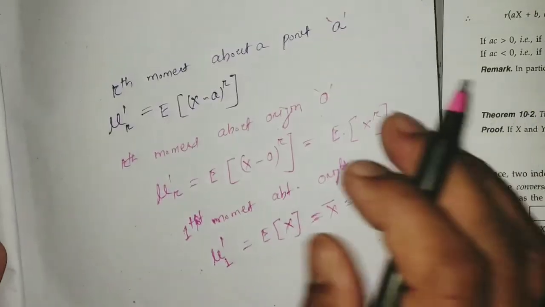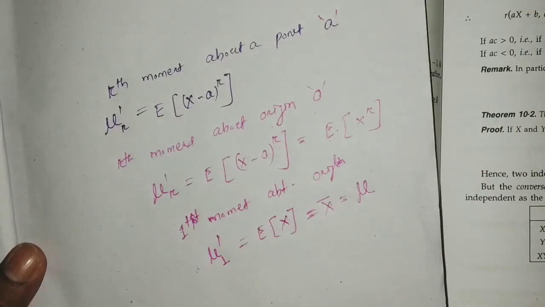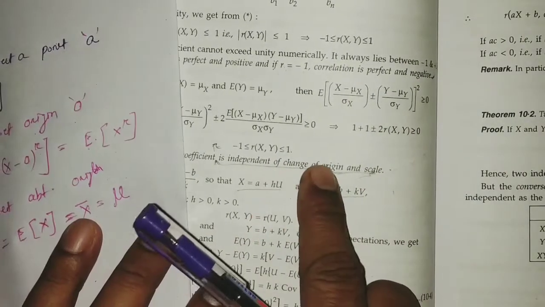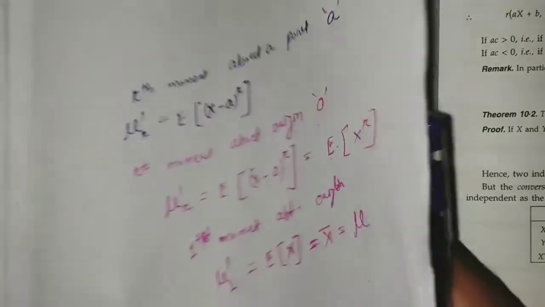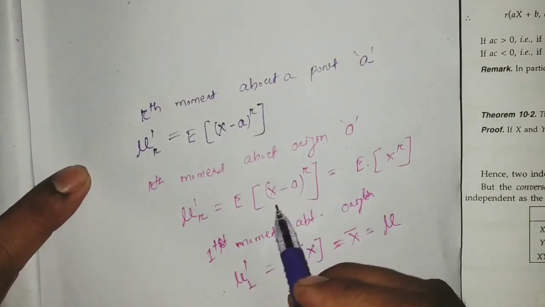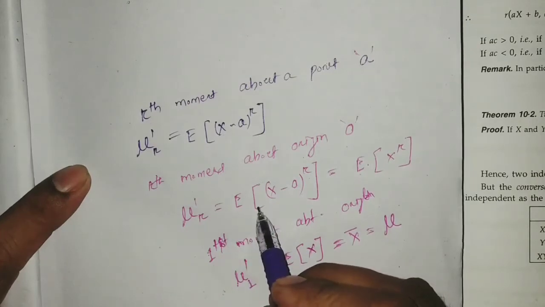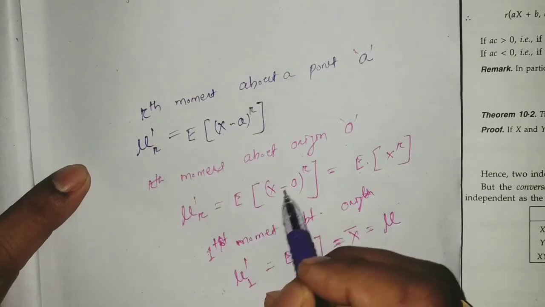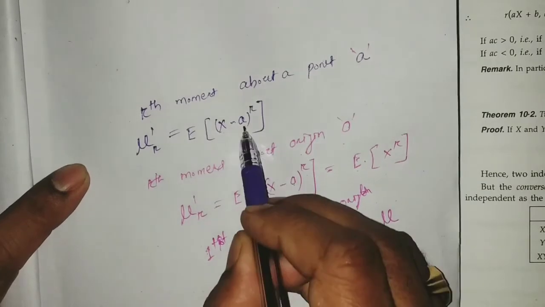So why did I discuss these things? Because in the theorem it is written change of origin. Here you can see that this is the moment about the origin. Here we change the origin from 0 to a.